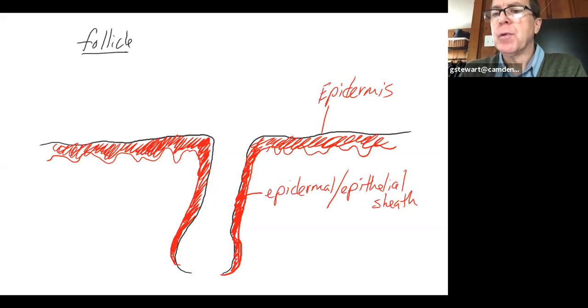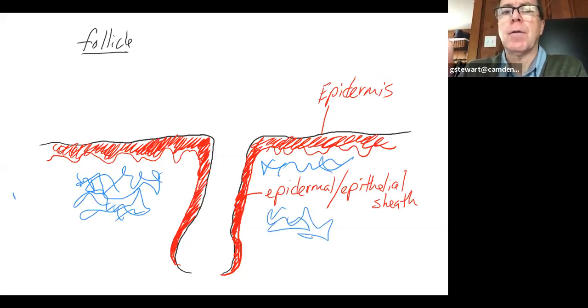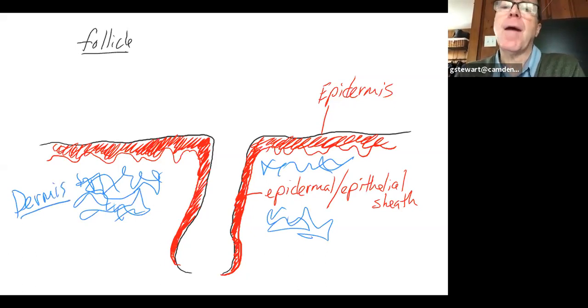Now I'll use blue. Everything below here, this is all dermal tissue. So you know that that's the deepest layers of the skin. So I'll write dermis, to give you a reference. And that means both layers of the dermis, the papillary dermis and reticular dermis.